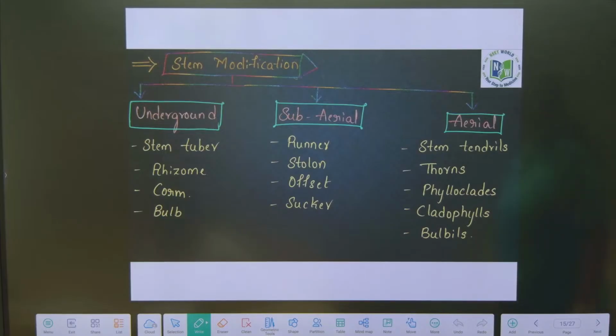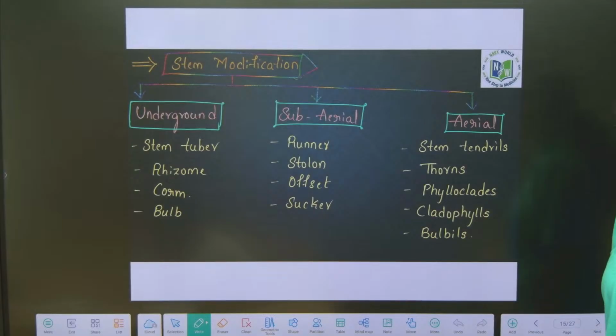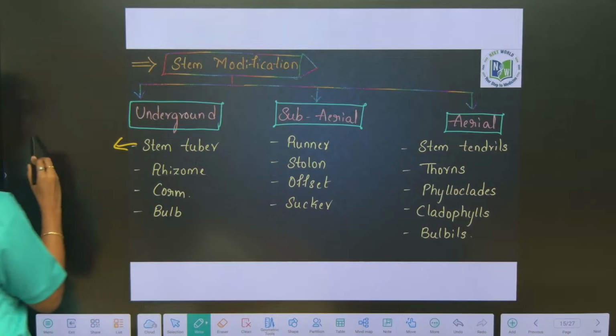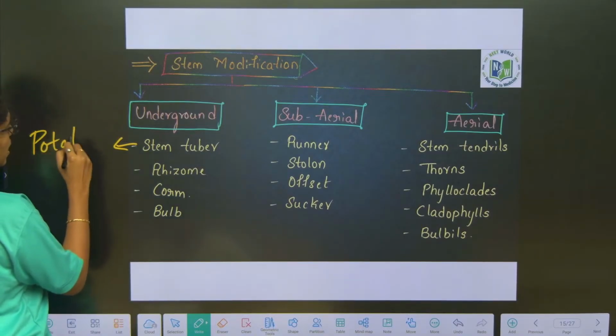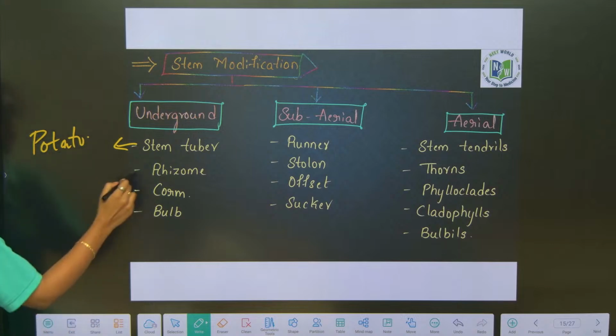Next, this is done, stem modifications. Once we will recall the examples. For stem tuber, what is the example? Potato. Which part of the stem is getting modified? The terminal portion of the lateral branch is getting swollen. Rhizome examples?